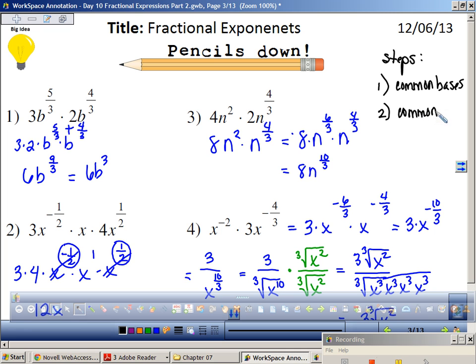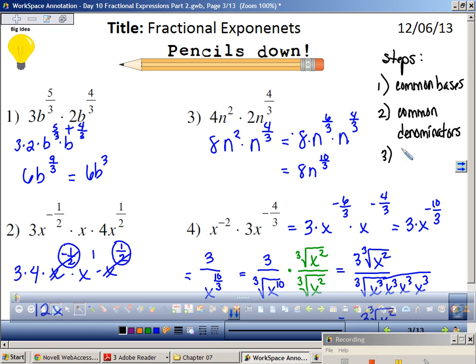Denominators. What would be our third step? We need common bases, we need common denominators. I don't know if we want to actually, you have to combine like terms or you're adding the fractions.